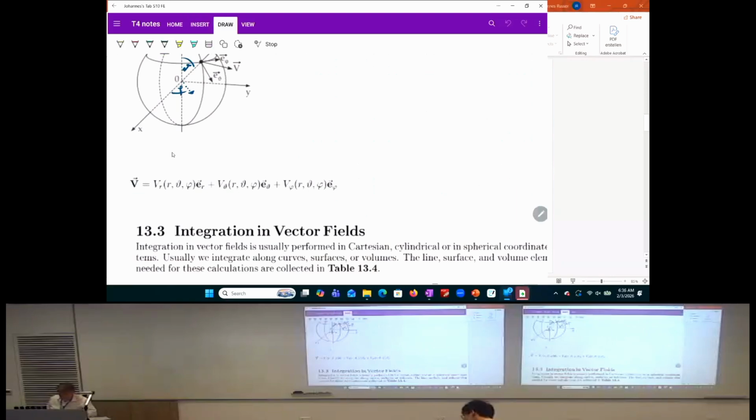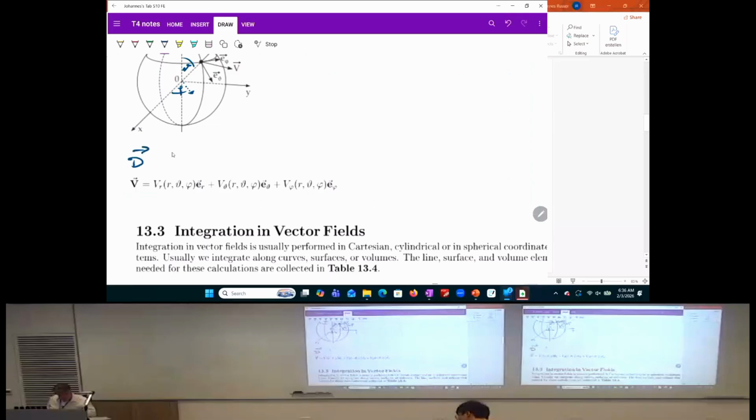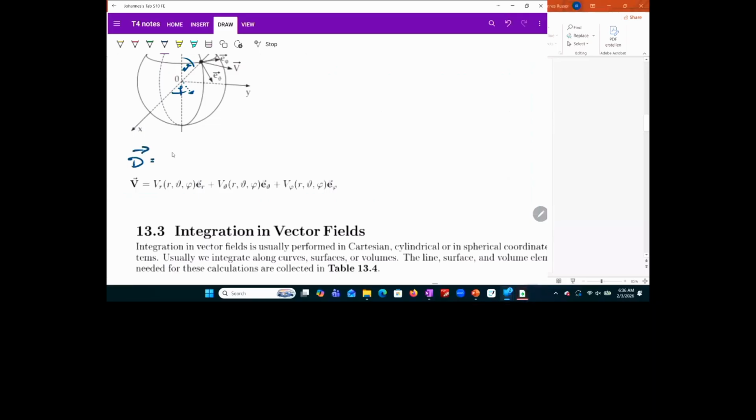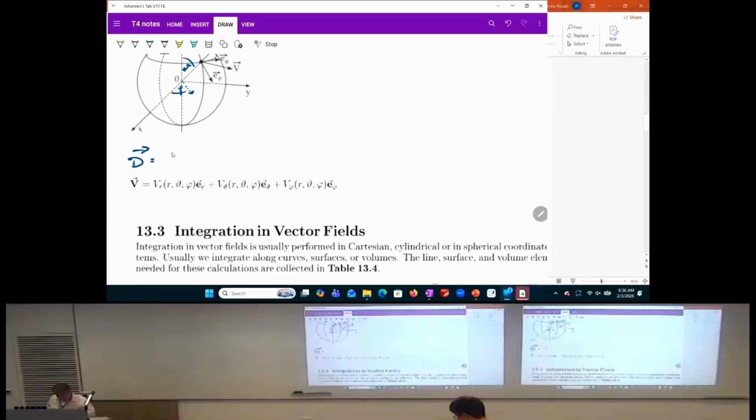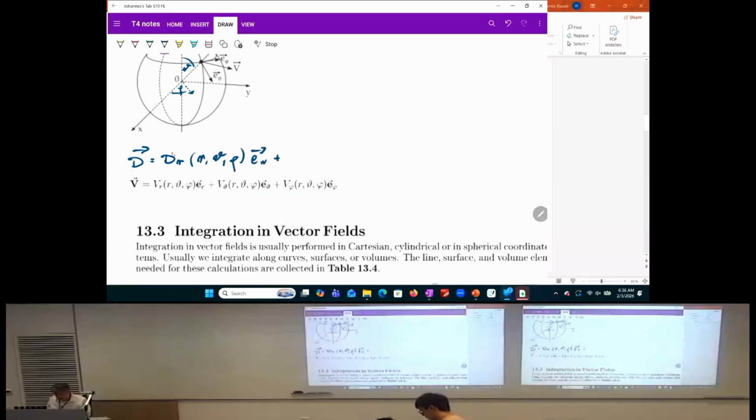This is, in that situation, our electric flux density. It has a radial component, which is dependent on r, theta, and phi. It has a theta component, which is dependent on r, theta, and phi, and it has a phi component.